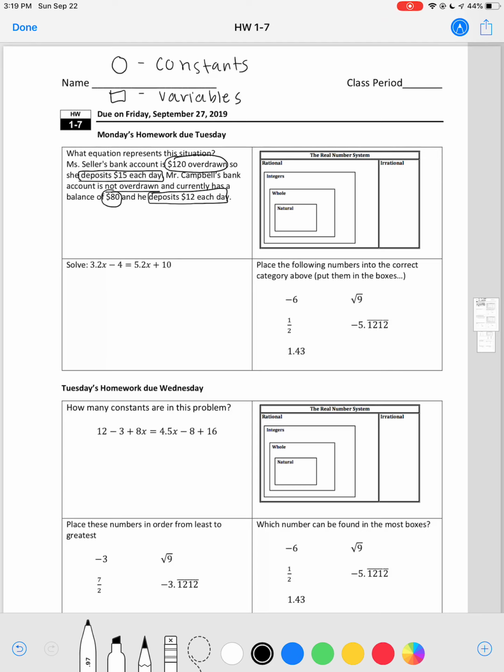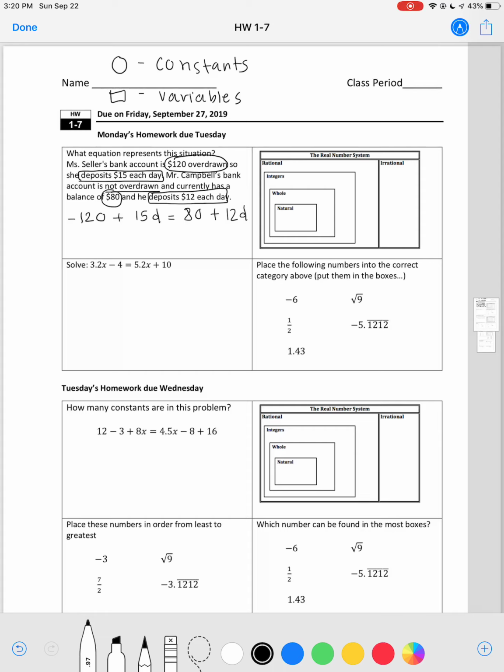So in this equation, we have a negative 120 as a constant, so we don't have any variables, and then we're adding $15 a day. And then this is going to be equal to a positive 180 and a deposit of $12 each day.